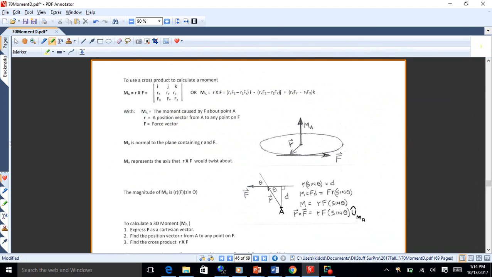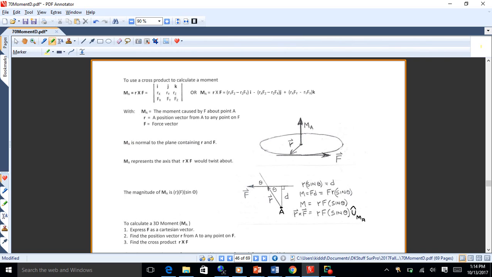So if you're going to cross R and F together to get the moment, you're going to get (RyFz minus RzFy)i minus (RxFz minus RzFx)j plus (RxFy minus RyFx)k. And that's how you'll generate a 3D moment.